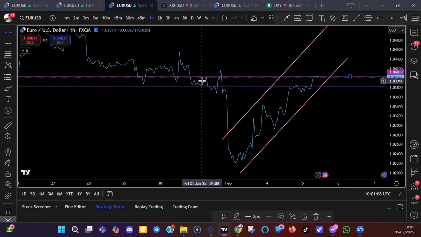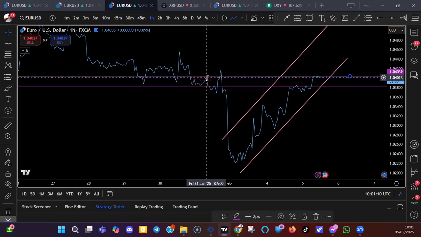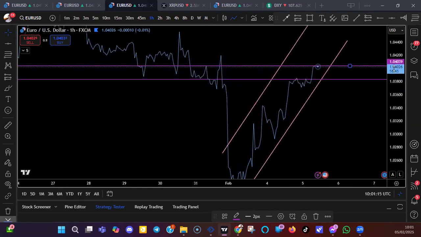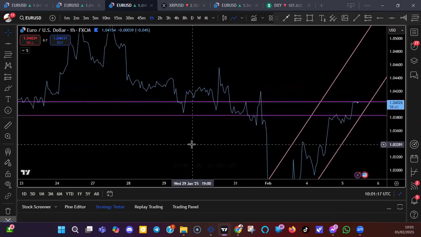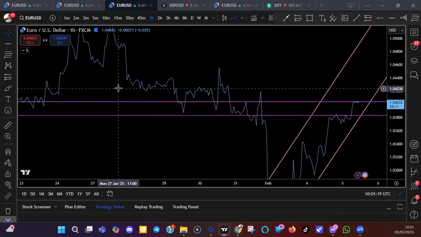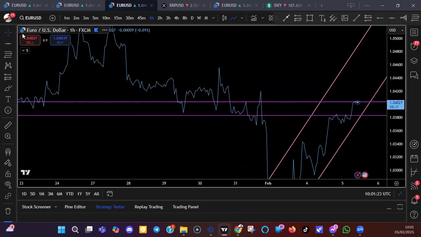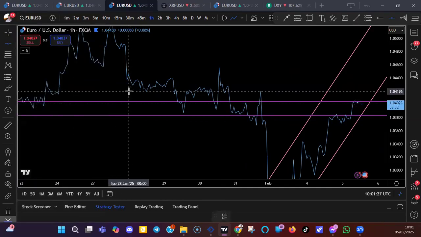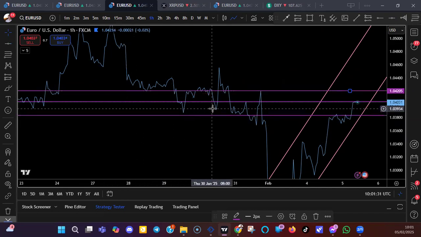We've got a touch there, we've got a touch there, so that's good enough for our purposes. And several significant touches here, areas for us to look at.